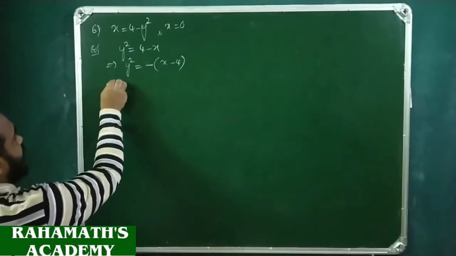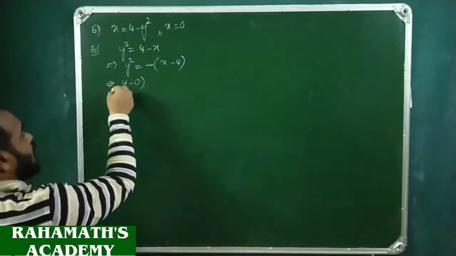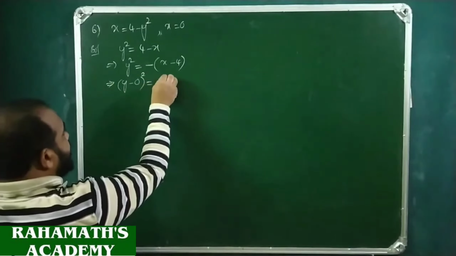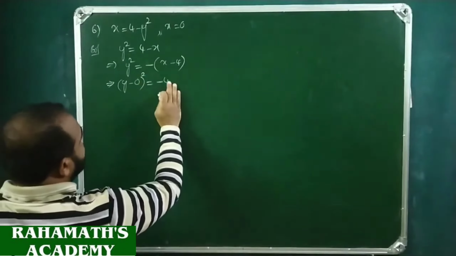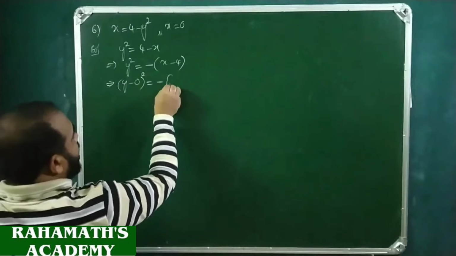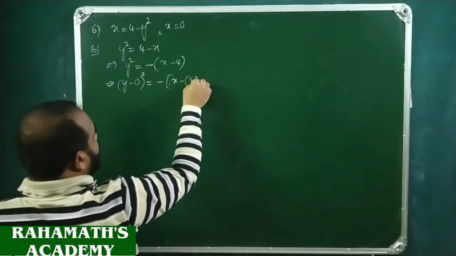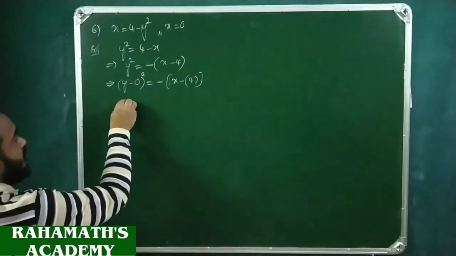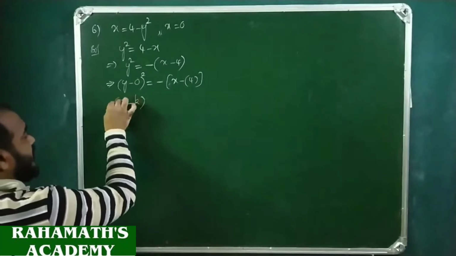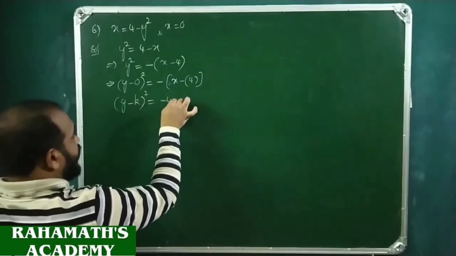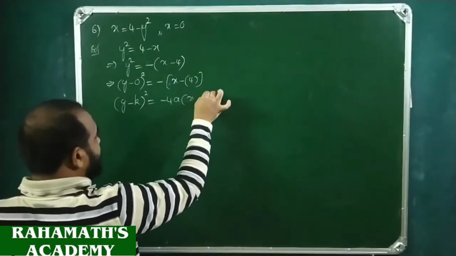Further, y minus 0 whole square equals minus 4 into x minus 4. So this is of the form y minus k whole square equals minus 4a into x minus h.